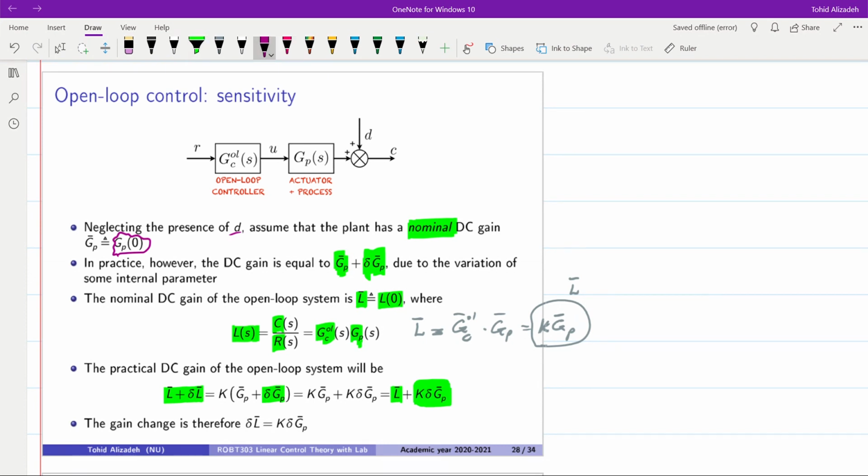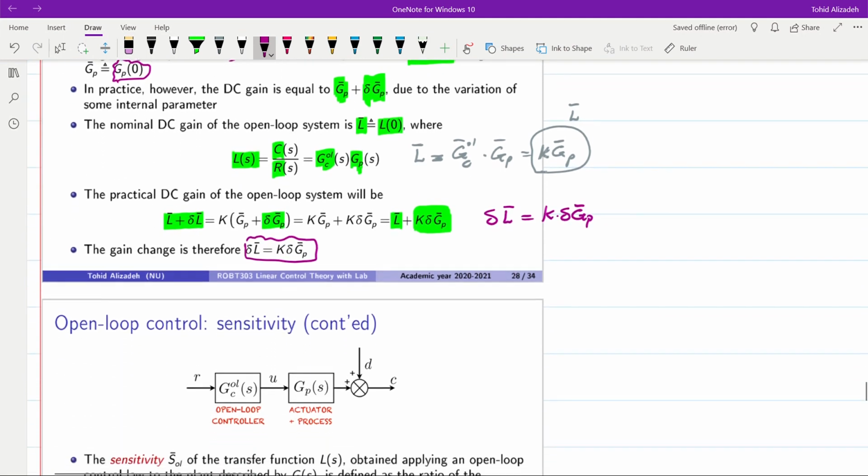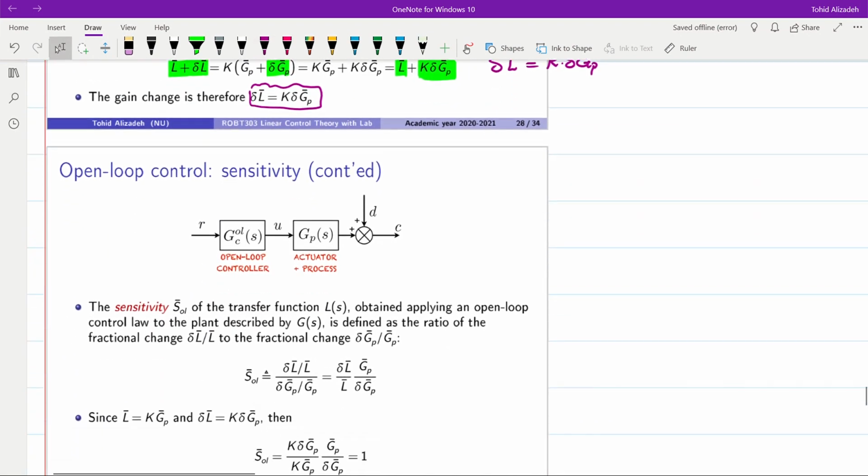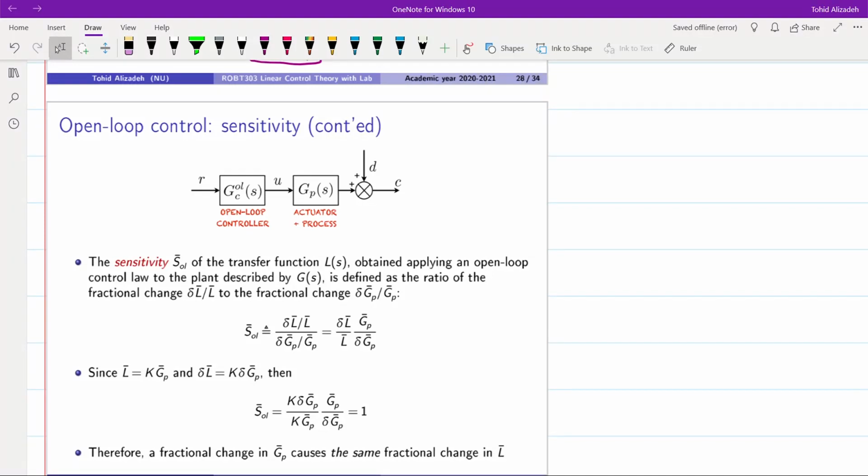In other words, delta L bar is equal to K times delta GP bar. And you can see it over here as well. So K times delta GP bar is what we get for the variation in the DC gain of the open loop control system. Now we define the sensitivity of the open loop system, as you can see here.